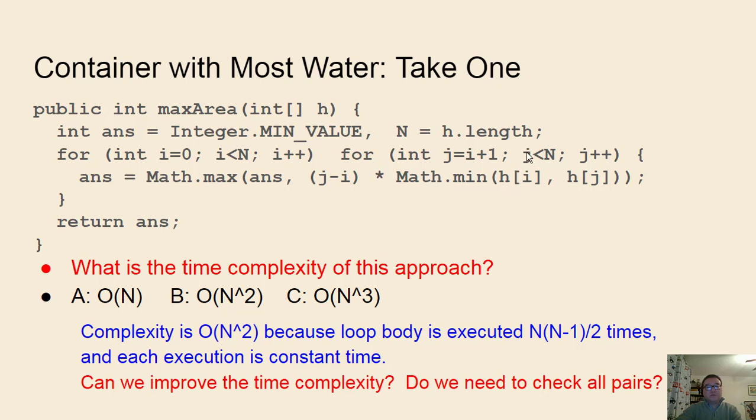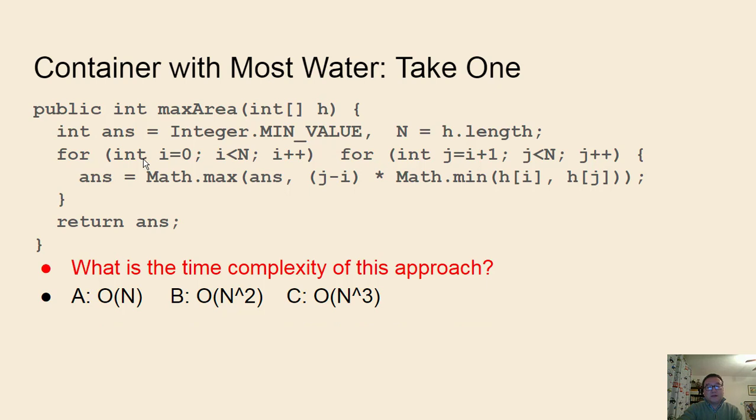So can we improve the time complexity? If we are to improve the time complexity, basically we are saying that we don't need to check all pairs. So some pairs are known to be better than others. So let's see why that is the case.